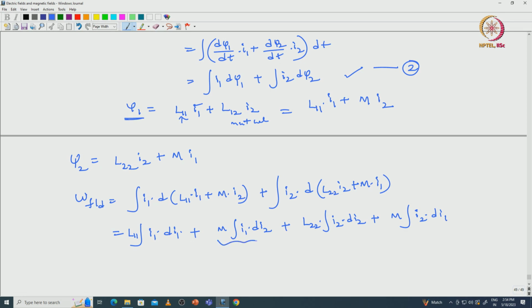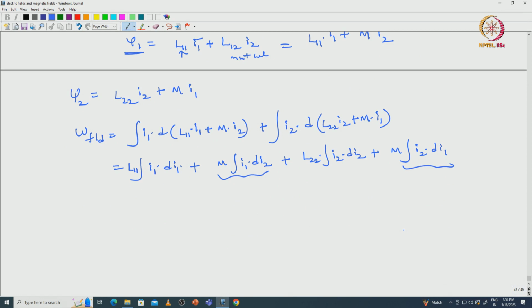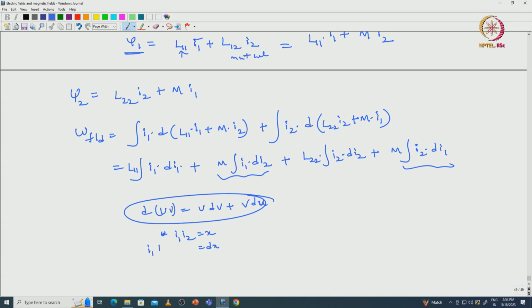Okay. So, this term and this term we can write with respect to the UV principle, like the derivative of u and v is u into dv plus v into du, right. So, if we consider I1 and I2 equals x, then dx equals I1 into dI2 plus I2 into dI1.